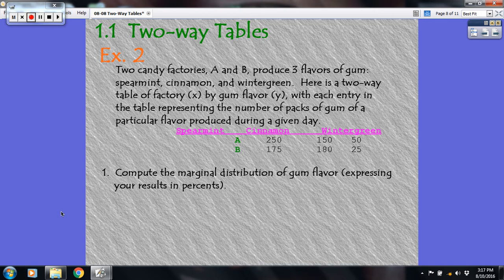So just so that we're on the same page, I want you to note that the number of spearmint packs of gum produced by factory A is 250, and the number of spearmint packs of gum produced by factory B is 175. So you've got to move that 175 over, as well as the 180 over in order for it to be the amount of cinnamon packs of gum produced by factory B, and the wintergreen, move that 25 over so that it's in the right spot.